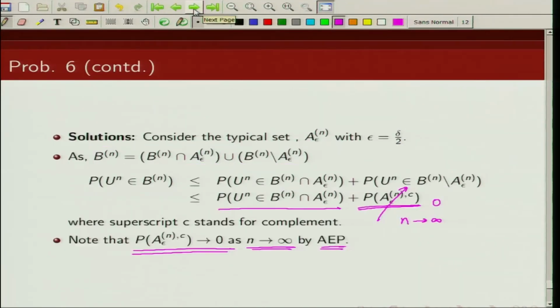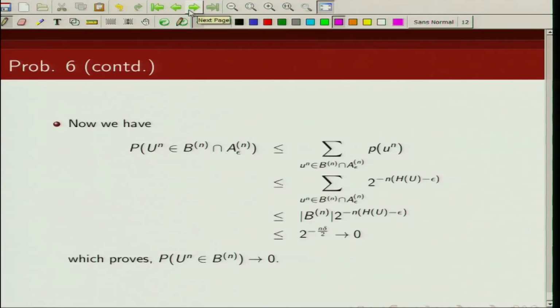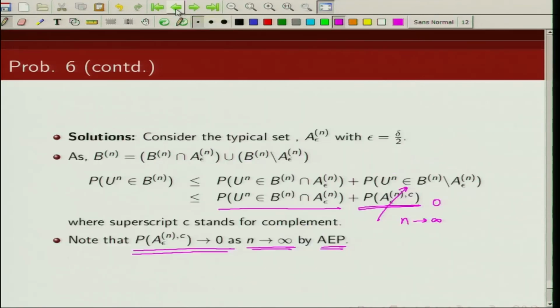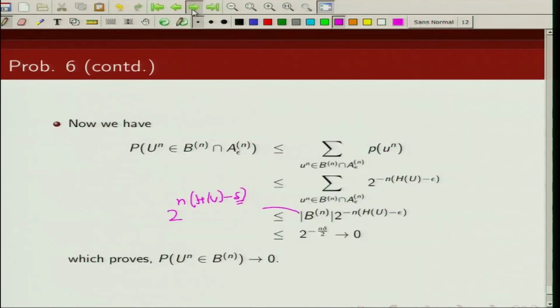If I plug in this value of B^n, and plug in the value of delta, where epsilon we chose as delta by 2, then what I get here is 2 raised to the power minus n into delta by 2.